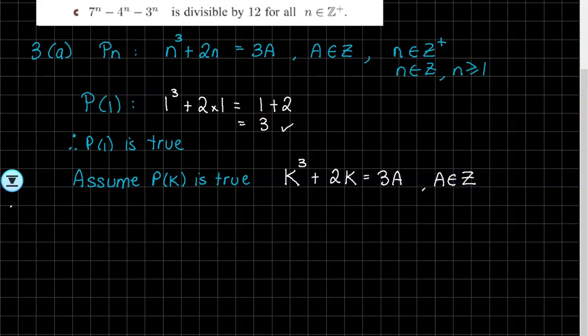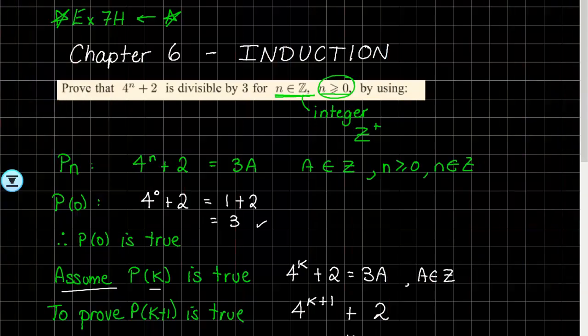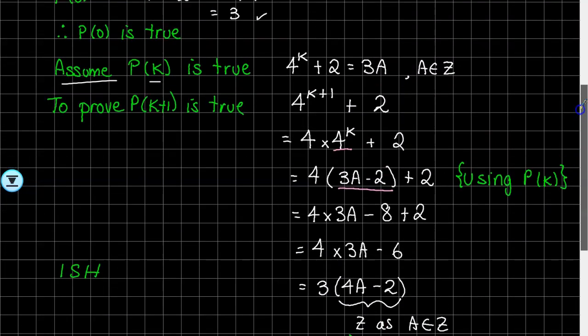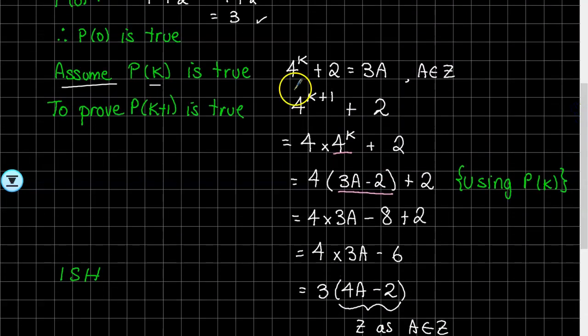I sometimes leave a line because I can rearrange my Pk, like before, with the one that we did over here. Sometimes I leave a line. I would have said 4 to the k equals 3a take 2, and then it's easy to see and substitute.